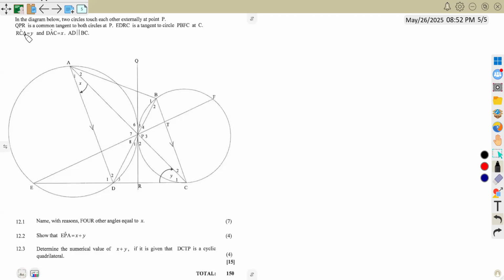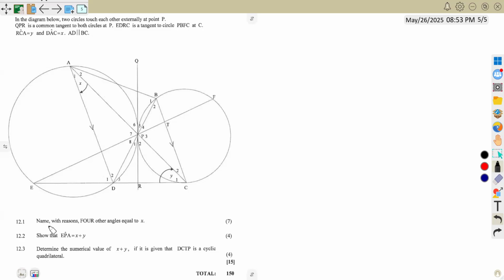Then you are told that RCA is Y, and you are told that DAC is also equal to X. Then you are told that AD is parallel to BC.